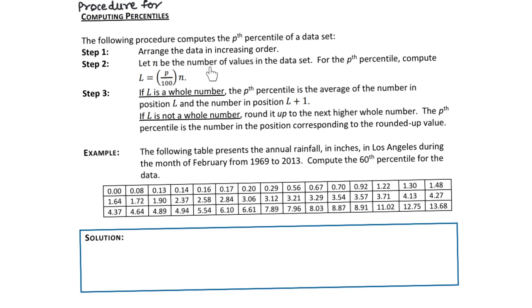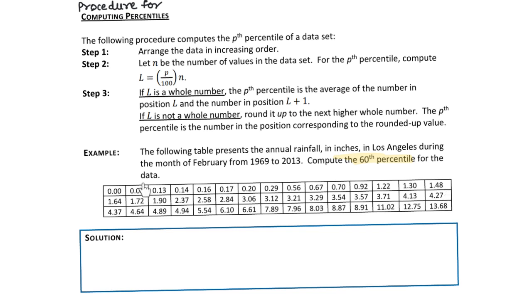If there are n values in the data set, first calculate L, P divided by 100 times n. If L is a whole number, find the number in the position L and L plus 1, then take the average of those numbers. If L is not a whole number, round it up and take the number corresponding to that. In this example, we need to compute the 60th percentile.